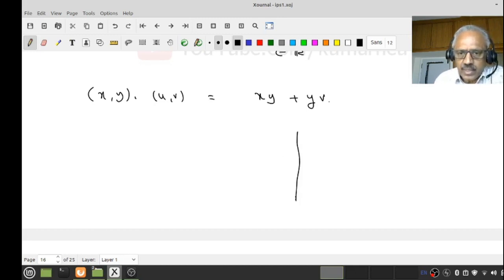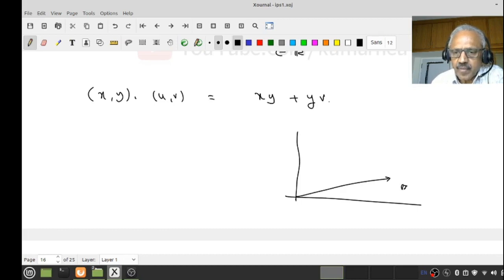So let us again look at this vector (x, y), and this is the vector (u, v). When I want to go from here to here, let us look at this vector.